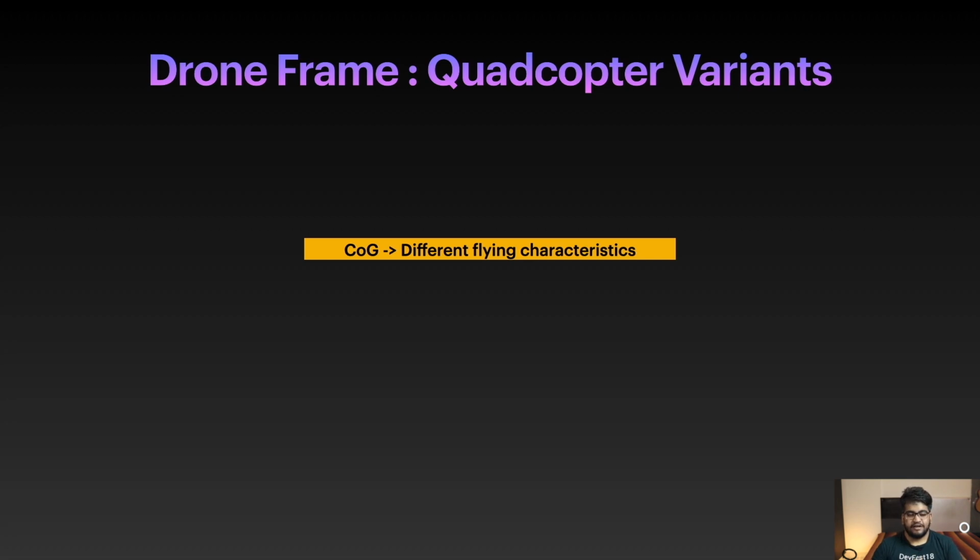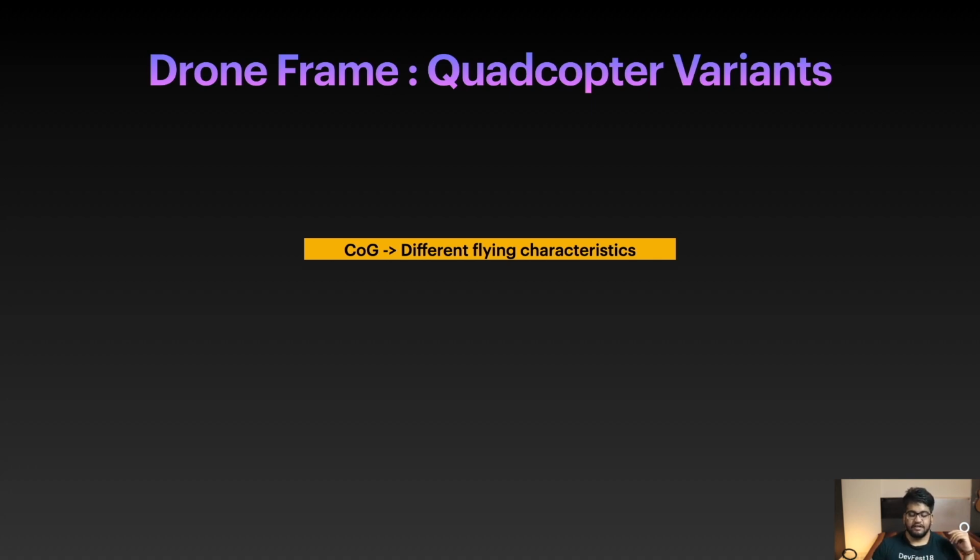They balance at a particular point where they have an equal amount of balance in all directions in 3D space. The center of gravity can change because of external parts. Battery is one of the components of a drone which carries most of the weight, so you can change the center of gravity by changing the position of the battery in the drone. That changes the flying characteristics, how your drone is flying.